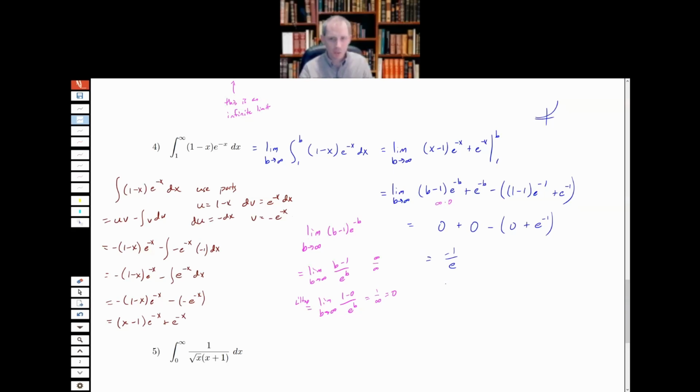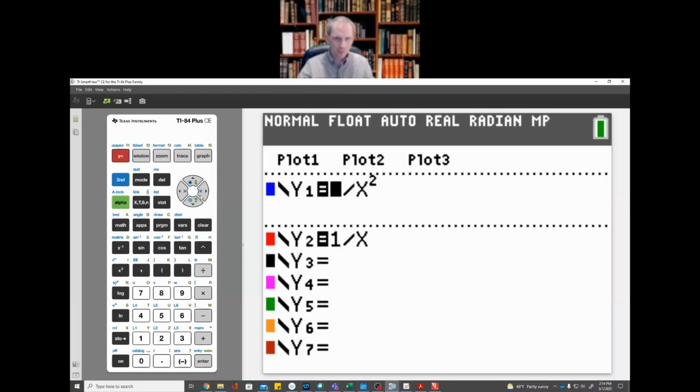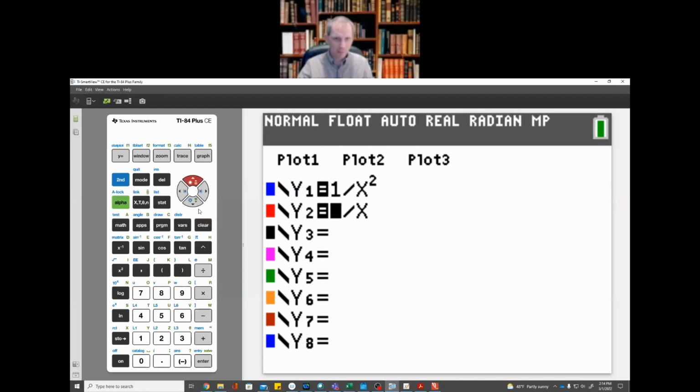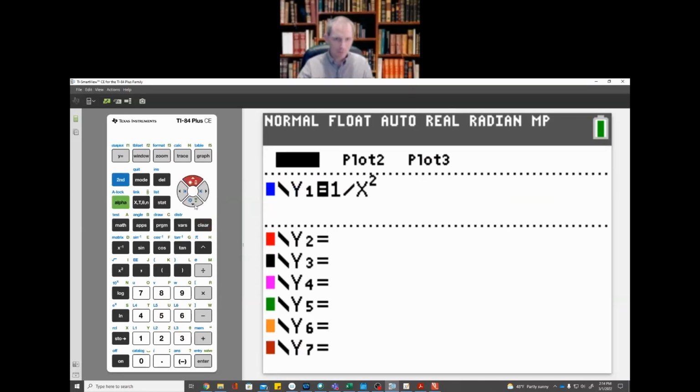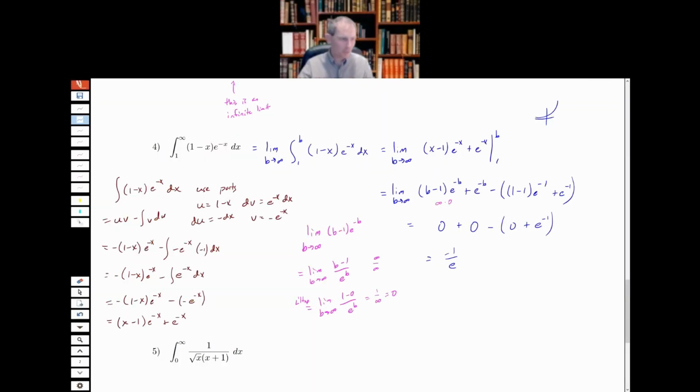Now, one of the things we can do is see, does our result make sense? Because I got a negative value here. And remember, integrals aren't area. An integral is allowed to be negative, but I want to make sure that it makes sense. So what I could do is graph my function, 1 minus x e to the negative x.